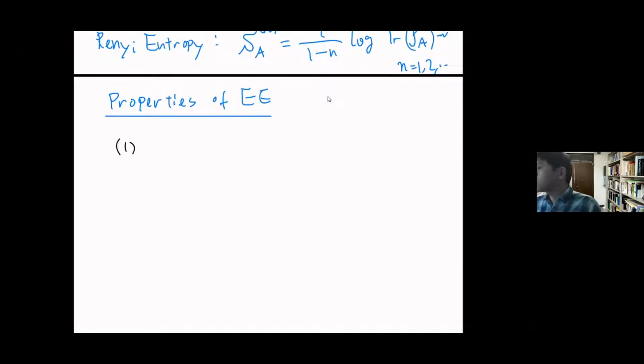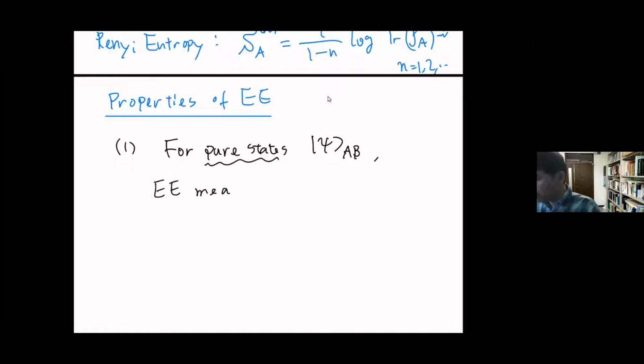So the first property is something we will explain later. For a pure state, this is a very basic property. This is actually the motivation for why we consider entanglement. For a pure state, not a mixed state, entanglement entropy measures the amount of quantum entanglement.